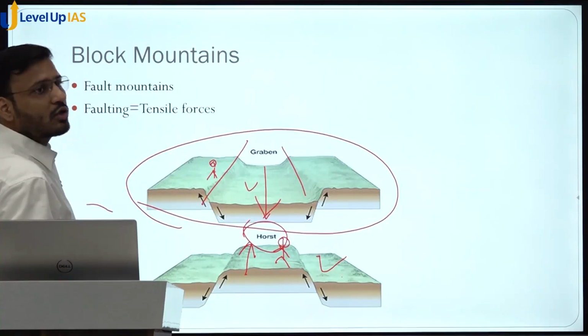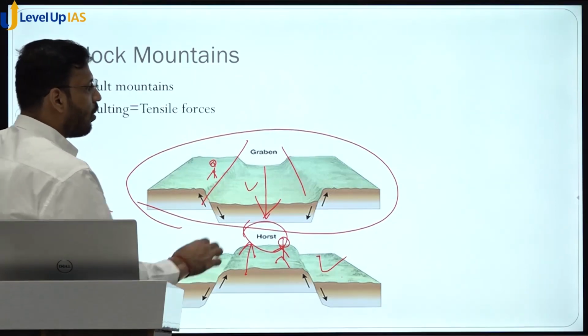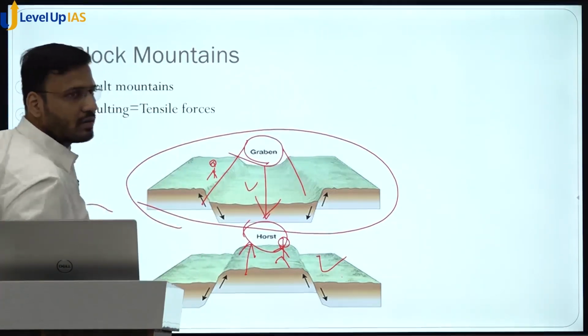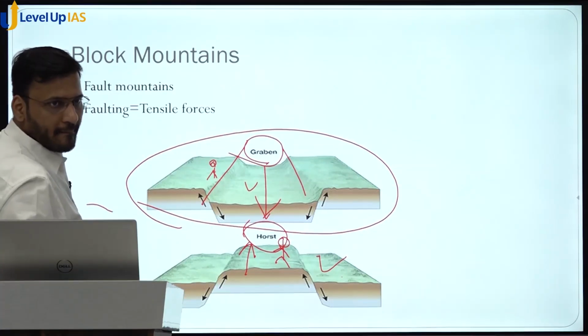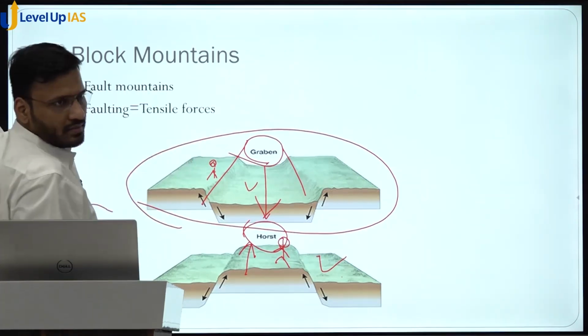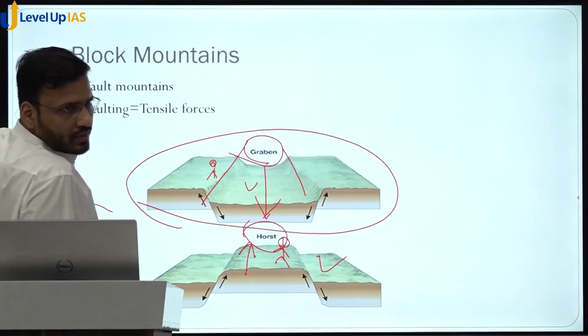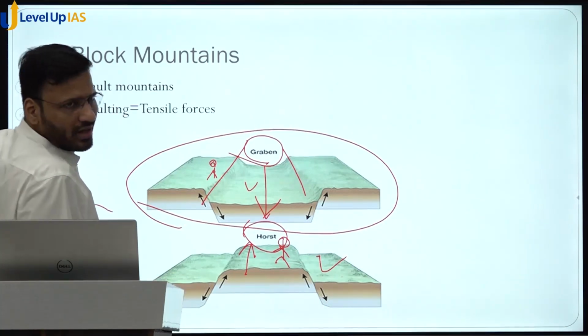So a block mountain is also called a horst, and because of the faulting, the valley which has been formed is called a graben. So this can form within a year. This mountain can form within a year or two. It does not require too much time. Unlike a fold mountain, which has formed over a few million years, it can form very immediately.